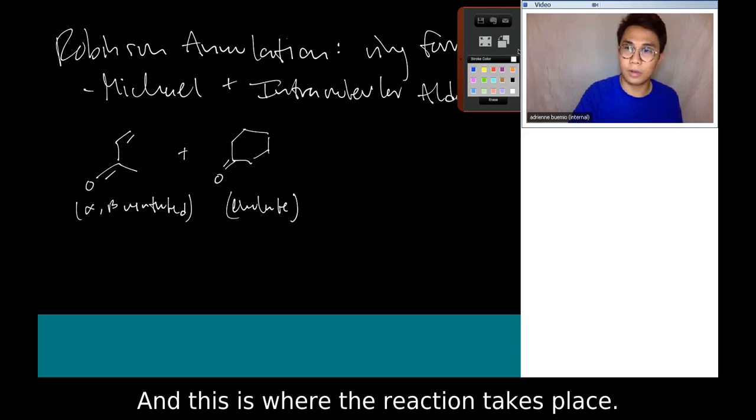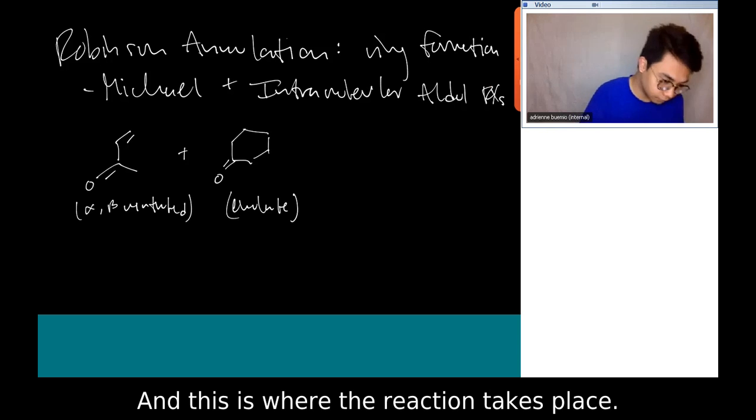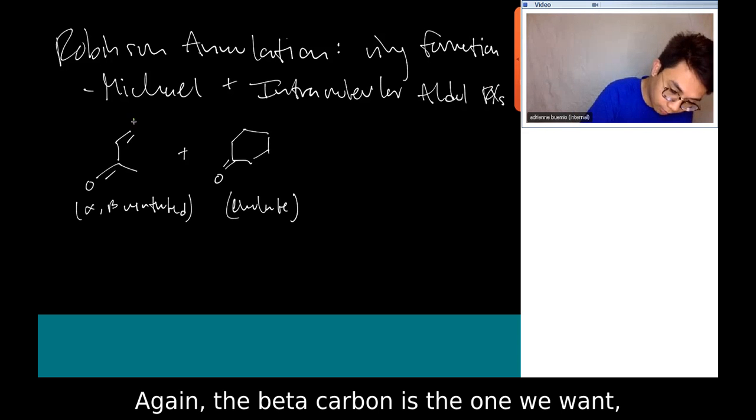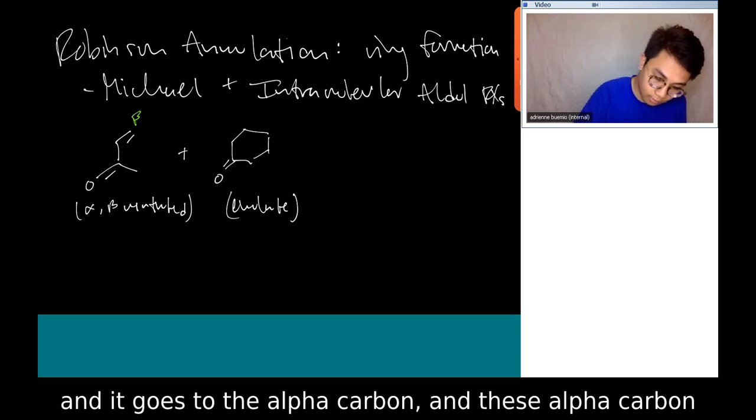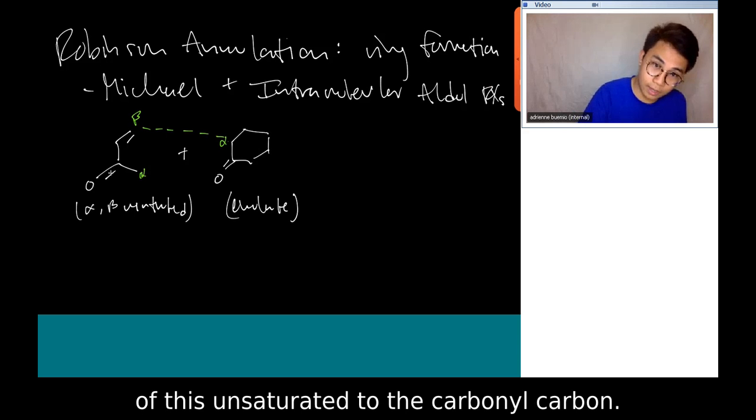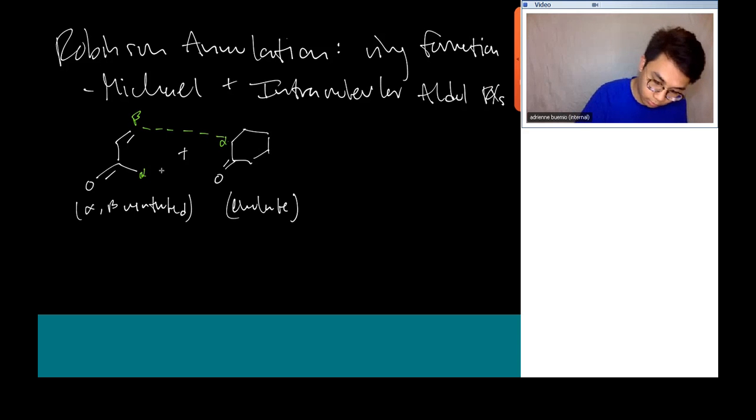And this is where the reaction takes place. Again, the beta carbon is the one we want. And it goes to the alpha carbon, right? And the alpha carbon of this unsaturated compound goes to the carbonyl carbon, right?